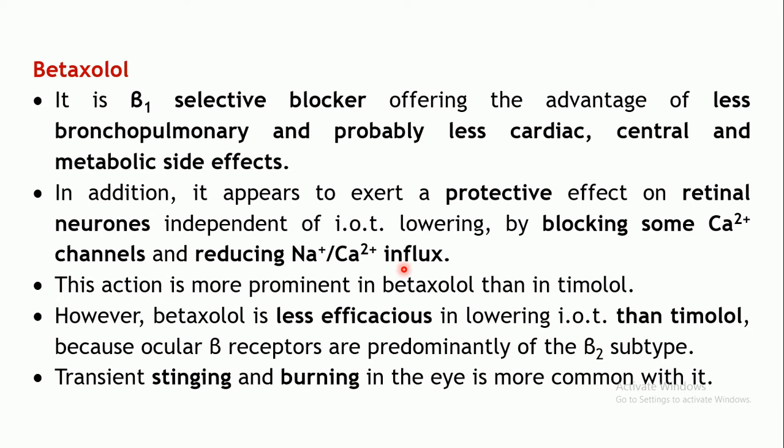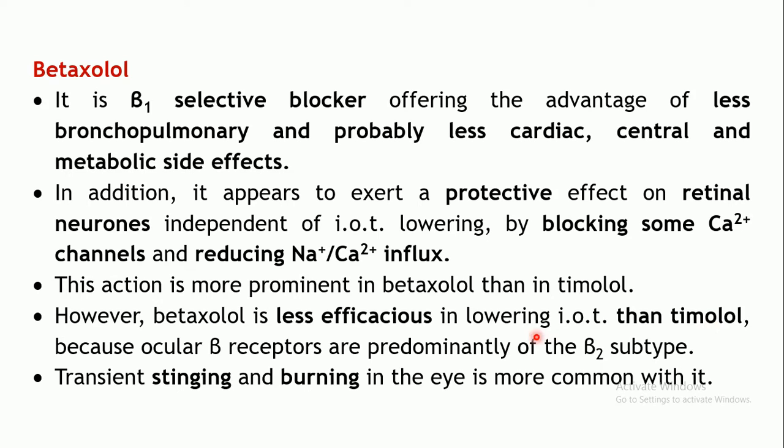Okay. Now the action of this particular drug betaxolol is more prominent as compared to timolol. However, betaxolol is less efficacious in lowering the intraocular tension than timolol. Okay, it has a prominent action, but it is less efficacious as compared to timolol.